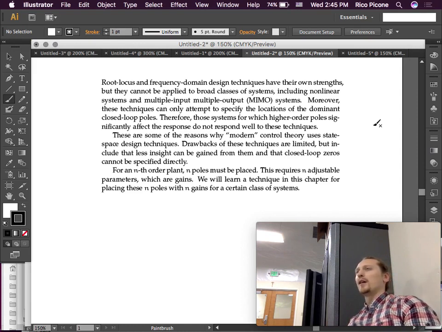You also have to be able to turn a transfer function into that too, which we've talked about in systems, how to turn a transfer function into a differential equation.